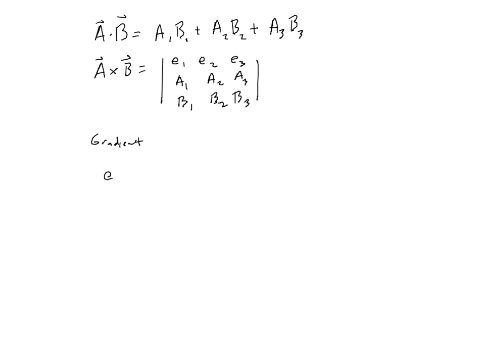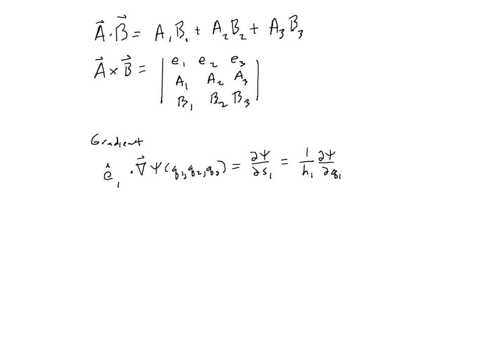So the gradient, by definition, is something like e_1 times the derivative of psi, where psi is a function of the generalized coordinates q1, q2, and q3, taking the derivative of psi with respect to s1, which is equal to 1 over h1 times partial psi with respect to q1. And then you could do the same thing for the y and z directions as well.